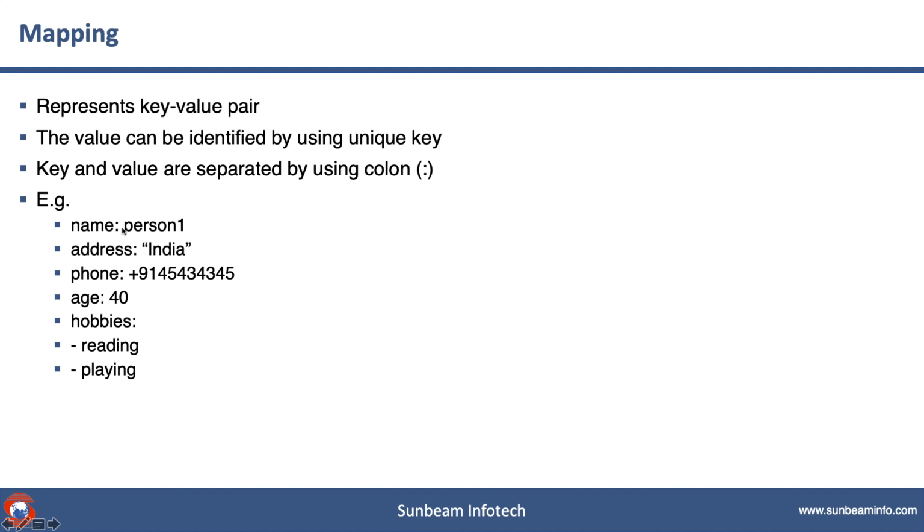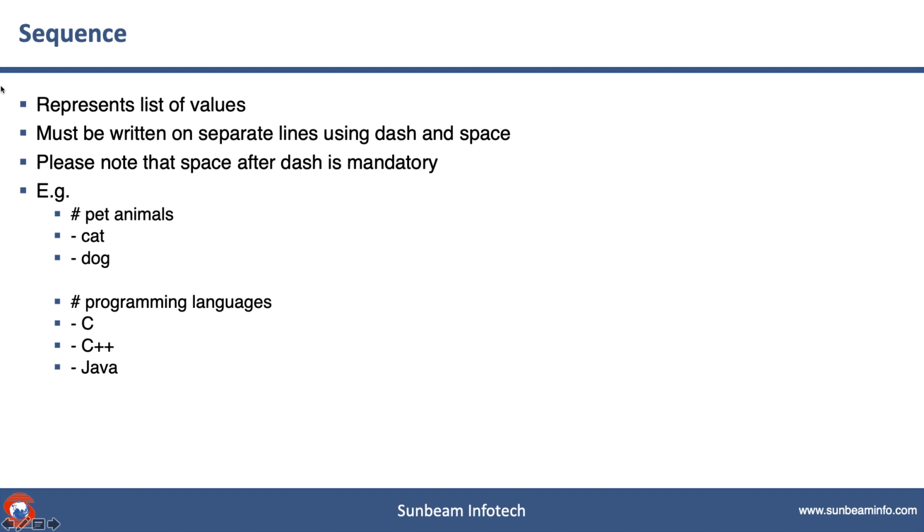Now, when you have key value pairs, sometimes you want to club them together inside a collection. A collection inside YAML is called a sequence. It represents a list of values. It must be written on separate lines using a dash. Again, a space after the dash is mandatory. For example, look at this pet animals example. Hash means it's a comment.